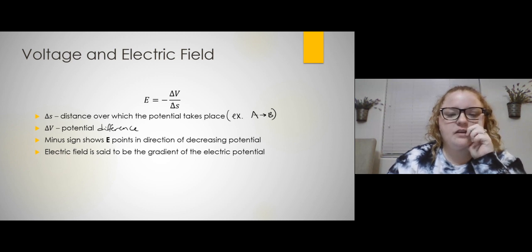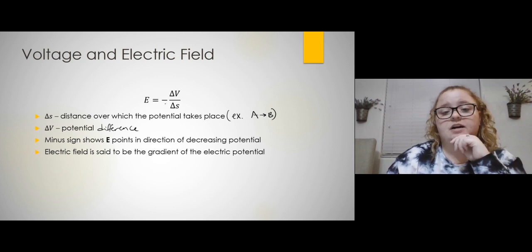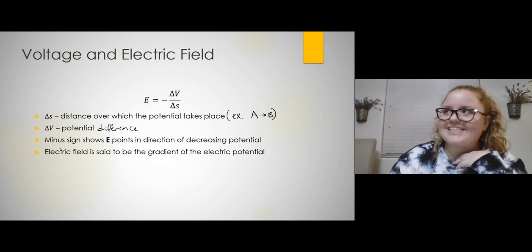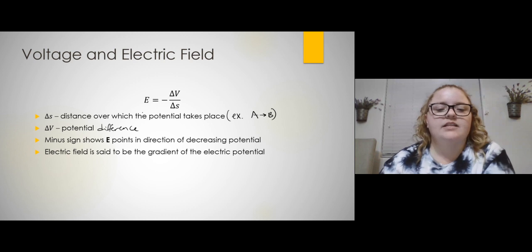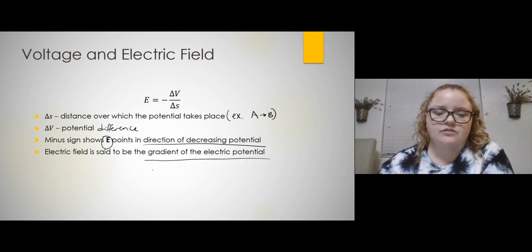And the division between the two, so the electric field is equal to negative delta V over delta S. This minus sign shows that the electric field points in the direction of decreasing potential. Okay, so wherever we have a decrease in potential is where the electric field will point. Okay, and it's said to be the gradient of the electric potential.